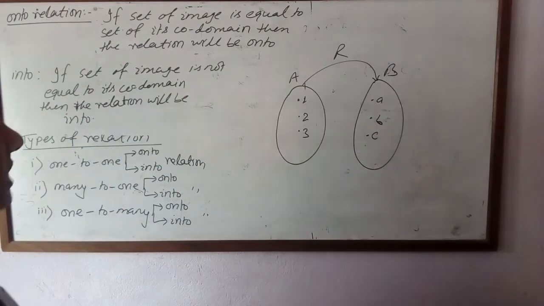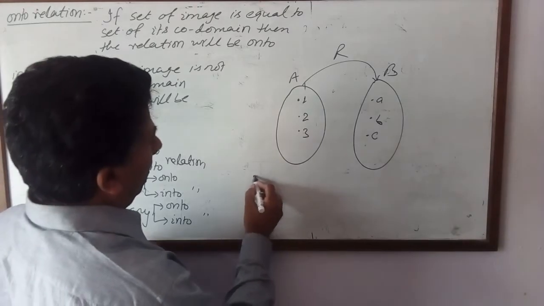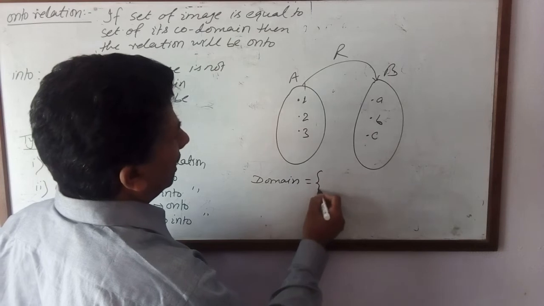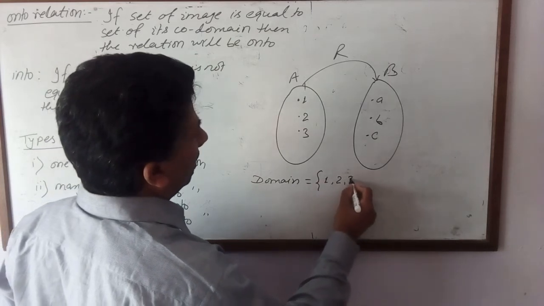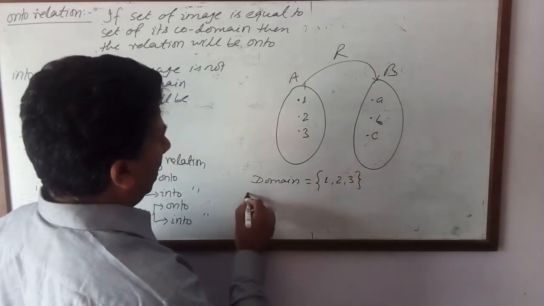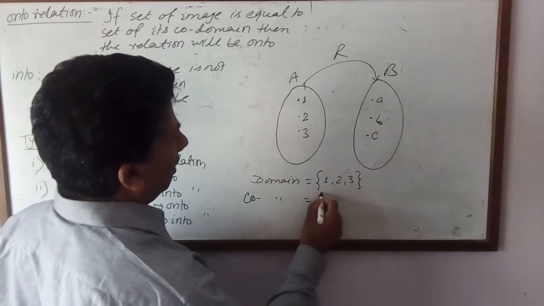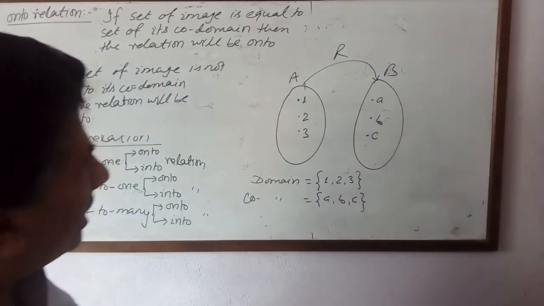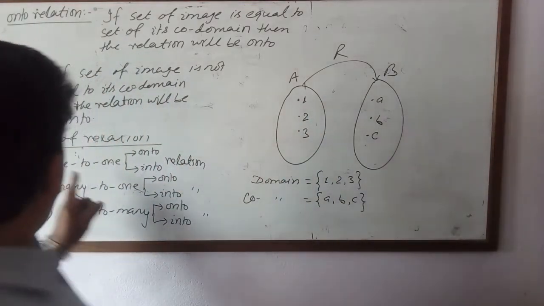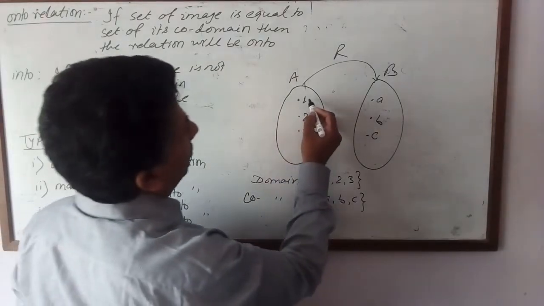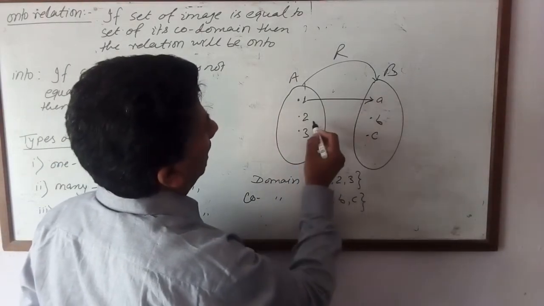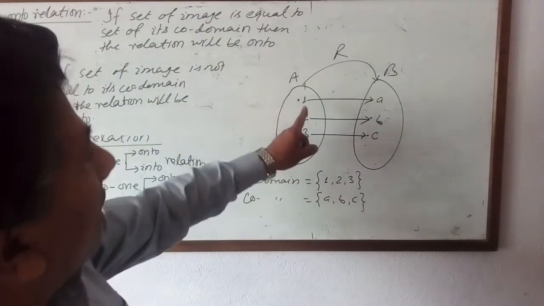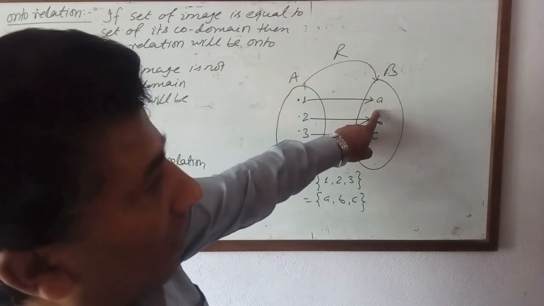Here the set of domain is 1, 2, 3, and the codomain is A, B, C. Now I have taken two sets, set A and set B. Now one to one: suppose 1 has image A, 2 has image B, 3 has image C. Each domain has only one image.